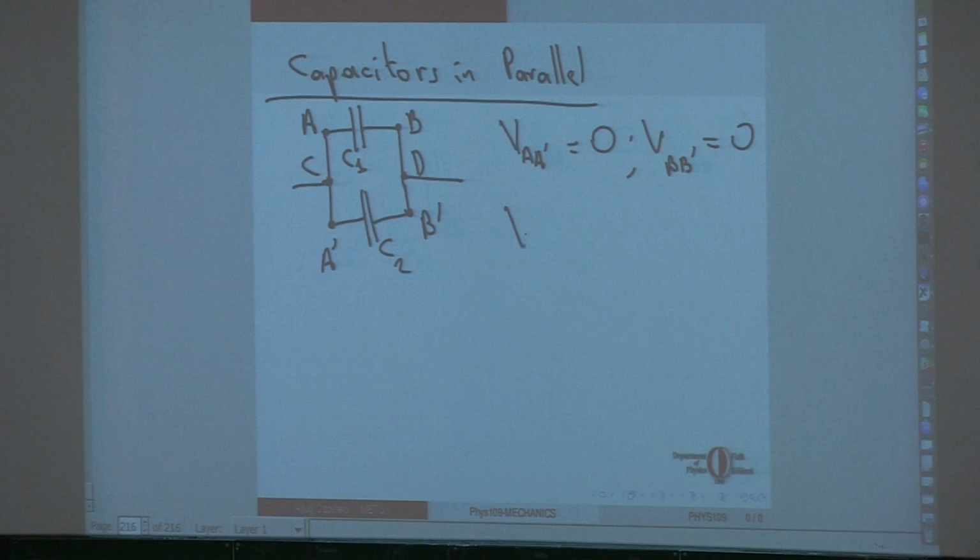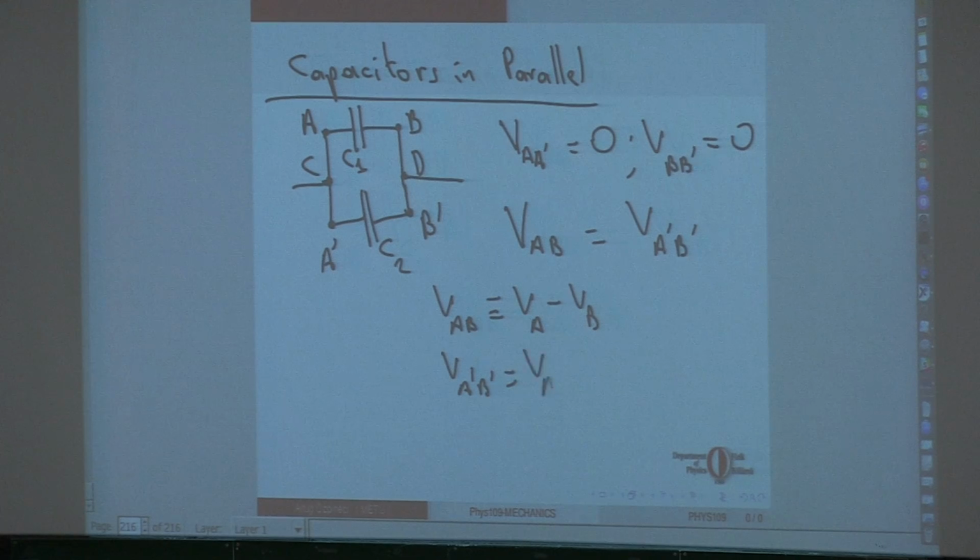So let's see, what about the potential difference between A and B and the potential difference between A prime and B prime? Why are they equal? Well, VAB is, let's just define it as VA minus VB. VA prime B prime is equal to VA prime minus VB prime.